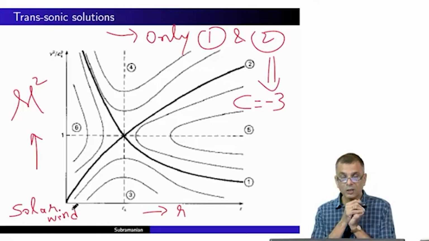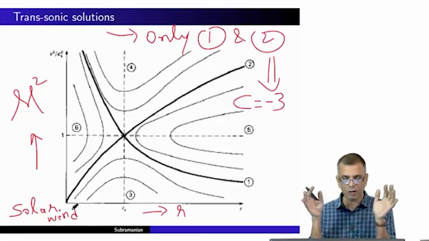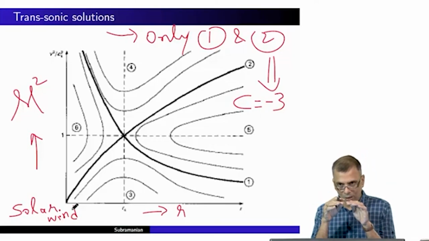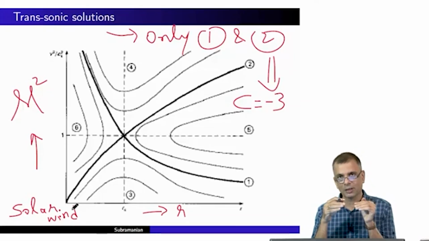The outermost atmosphere of the sun essentially boils off. So the gas or the plasma near the corona is almost at rest. It has a very small velocity, but it's almost at rest. So it's definitely subsonic, right at the surface of the sun.